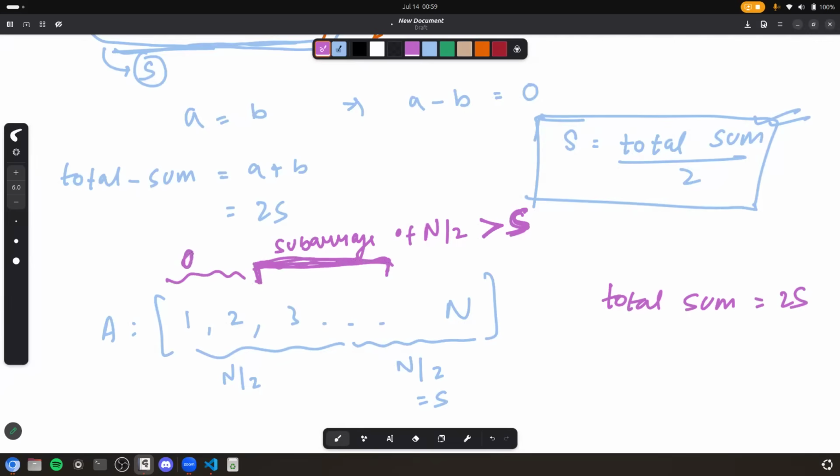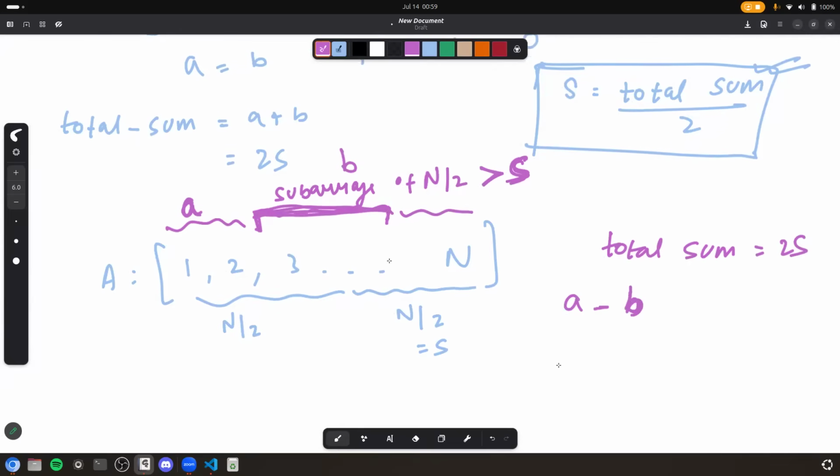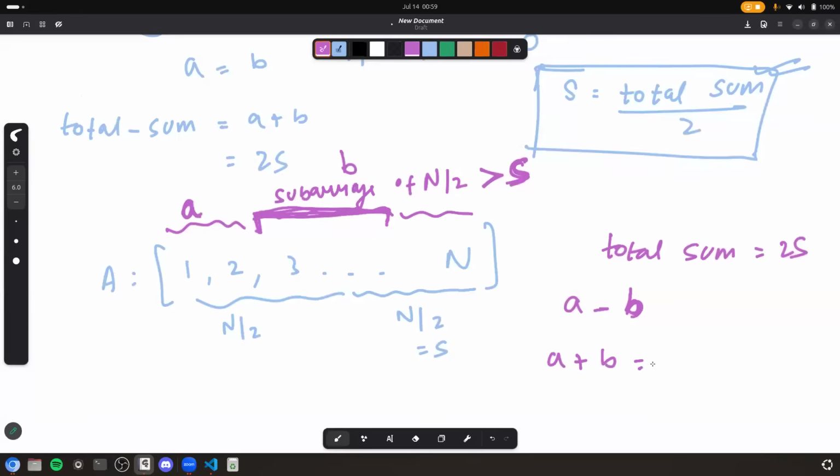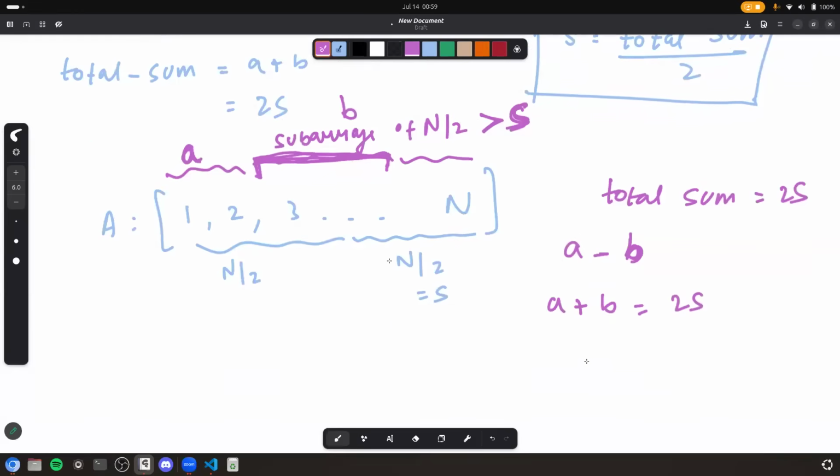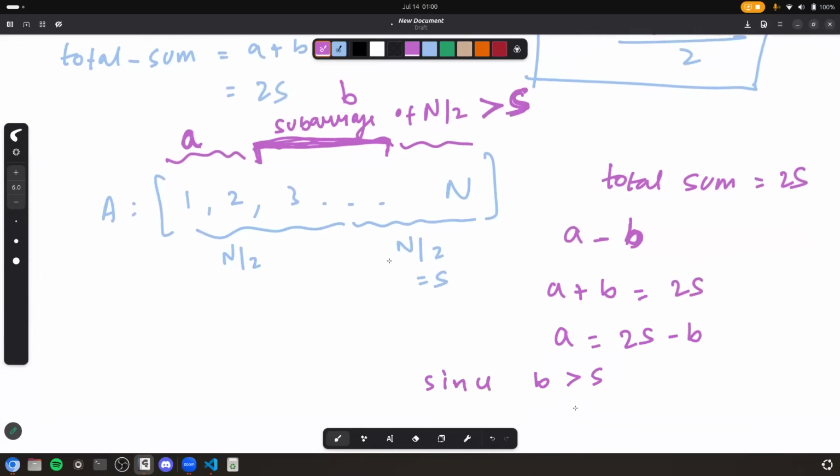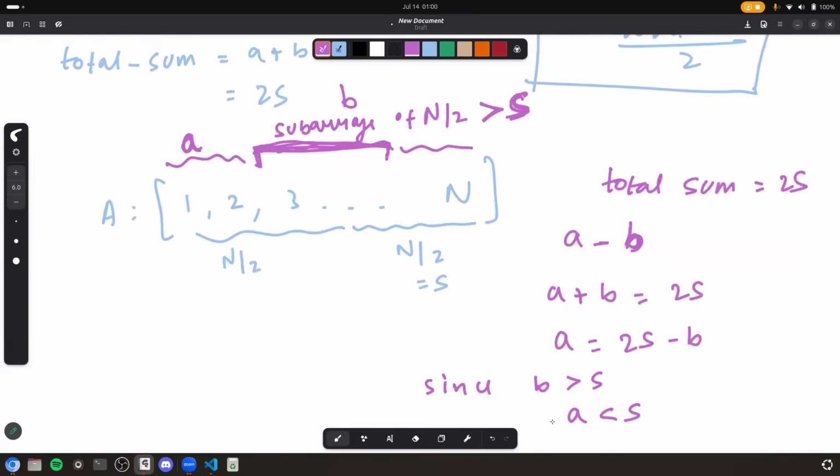And the total sum will become a minus b, and we know that a plus b is 2s. So a is 2s minus b, and since b is greater than s, then a would be less than s.